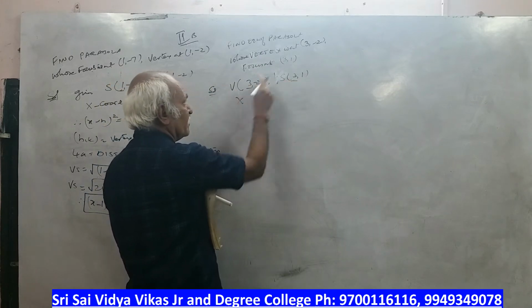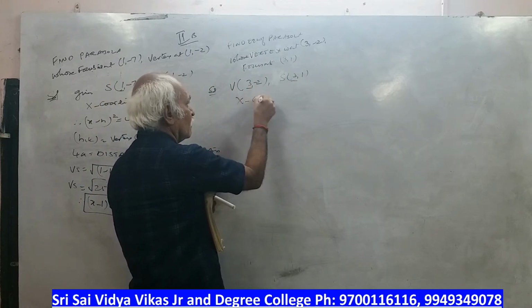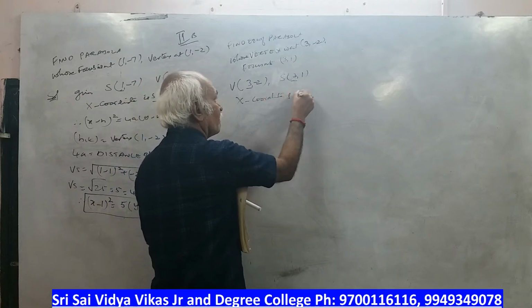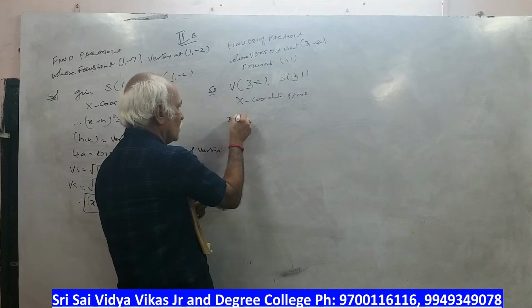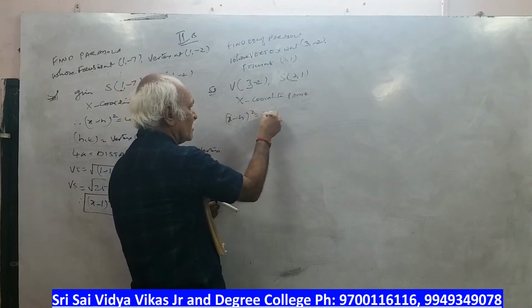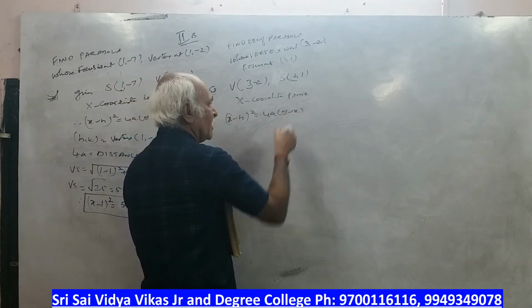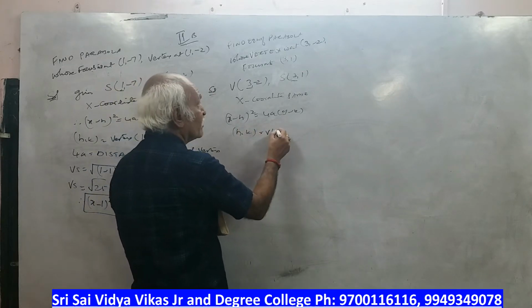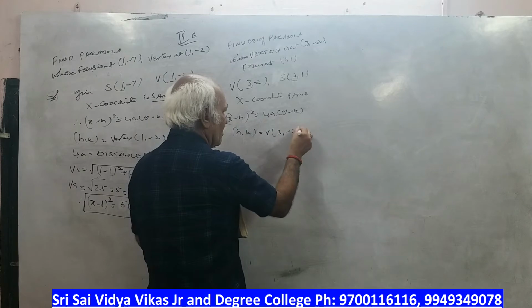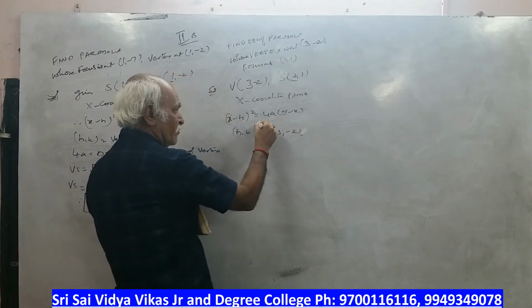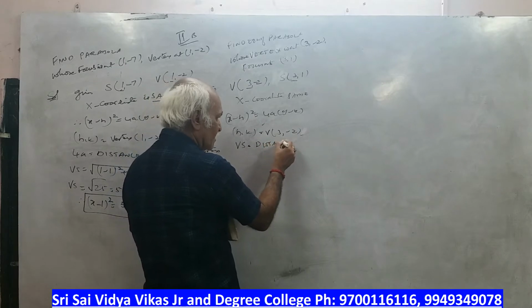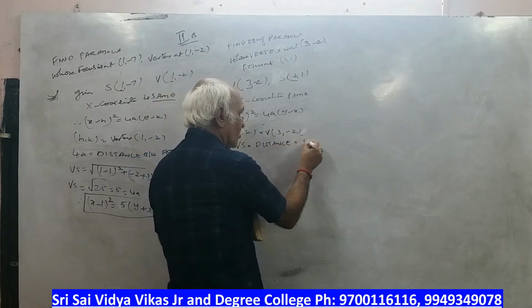The x coordinate is the same. Therefore, (x minus h) whole squared is equal to 4a into (y minus k). So here (h, k) is the vertex, which is given as (3, minus 2). Okay, this is very very important. VS is the distance, which is 4a.